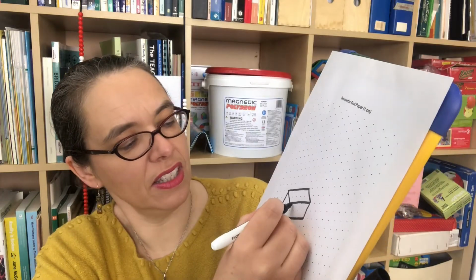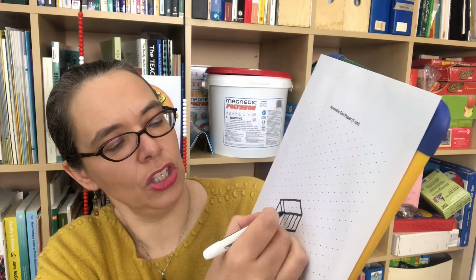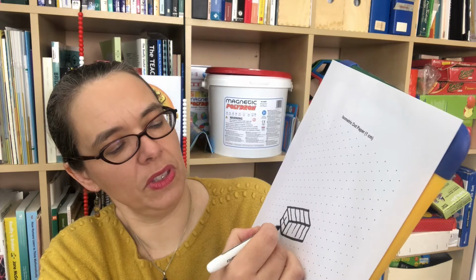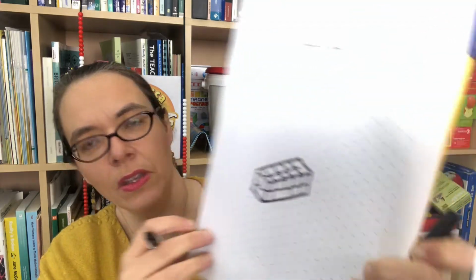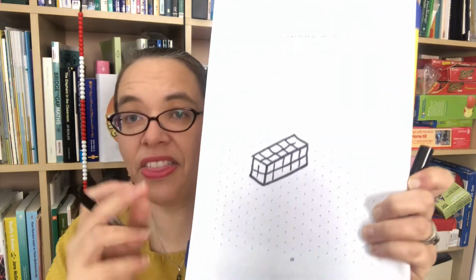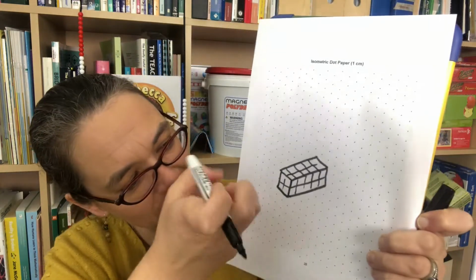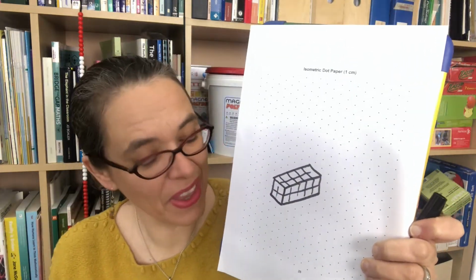And we can start to add in the finer lines that show where the individual centimetre cubes are. And that now looks like what we've just built. And children can begin to connect those diagrams to their models.